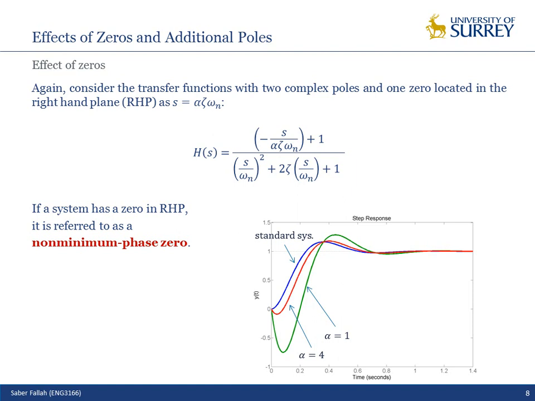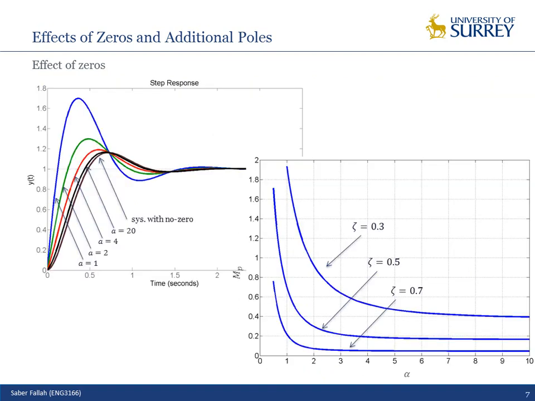From this relation, if the real part of the additional zero or additional pole is a factor of 6 away from the real part of the complex conjugate poles, they won't affect the response of the system. So if the real part of the additional pole or zero is 6 times or larger than the real part of the complex conjugate poles, the system response won't change.